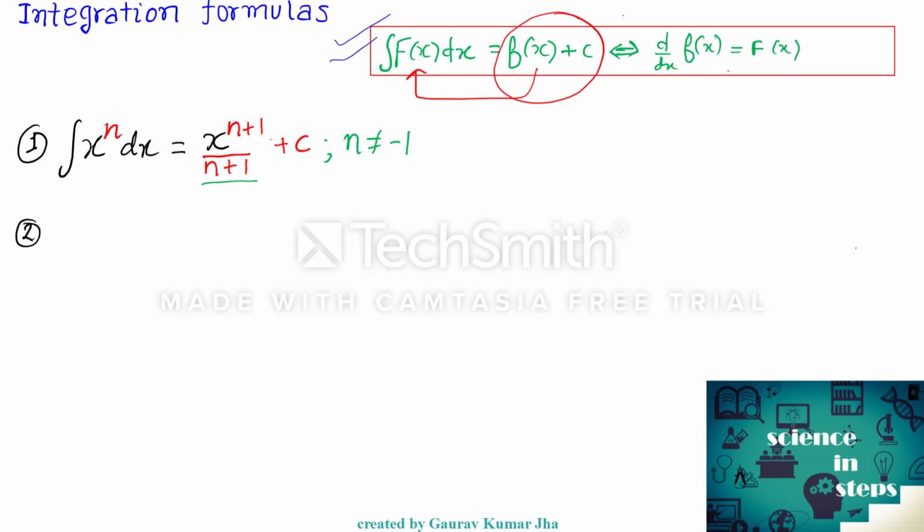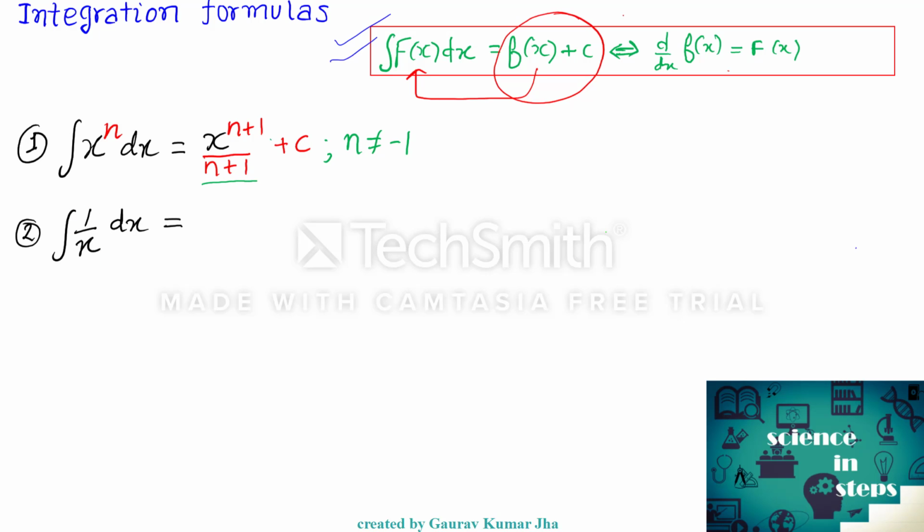So let us see the second formula in our list: what is the integration of 1 by x dx? The answer is, wait a moment. Here we'll use the idea that whatever the answer is, the differentiation of the answer must be equal to the integrand.